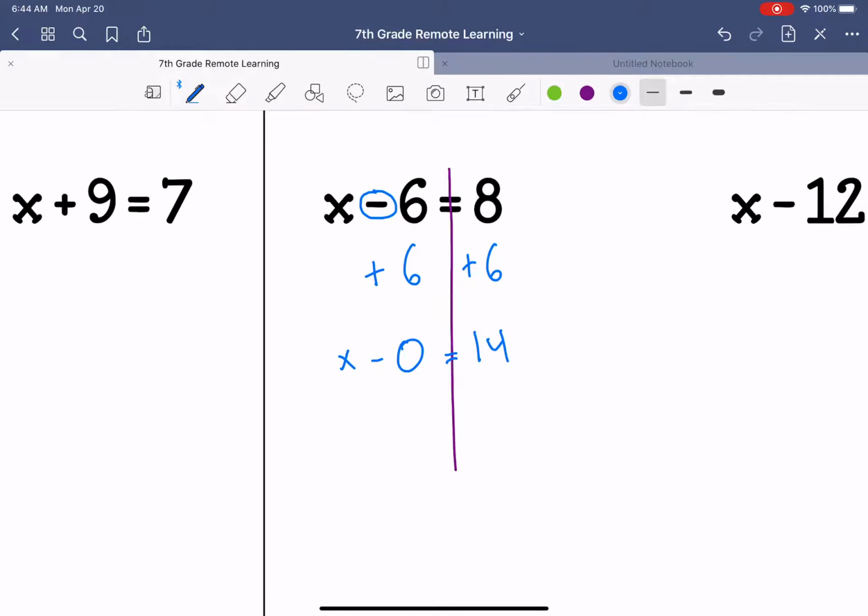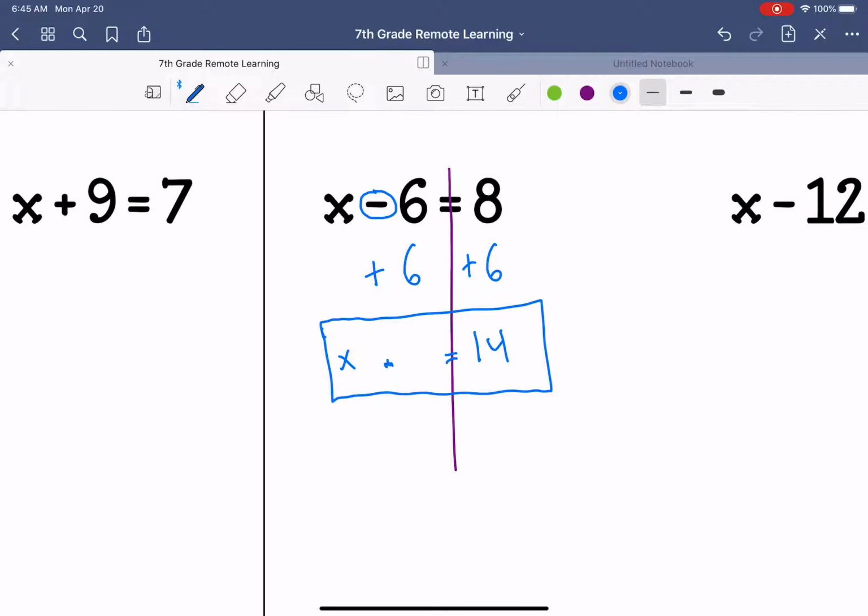Okay, and that 0 is what I want, so that means these cancel out. Those 6's are gone. So I just have x equals 14. Okay, so you don't actually have to write that plus 0 right here like I just did.